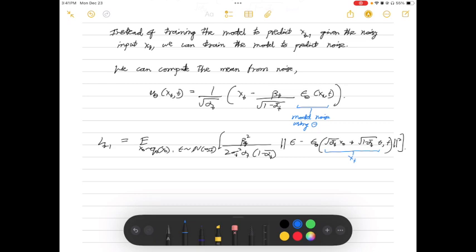So we try to predict the noise inside the sample at time step t, where the target is the true noise epsilon, which is sampled from a normal distribution.